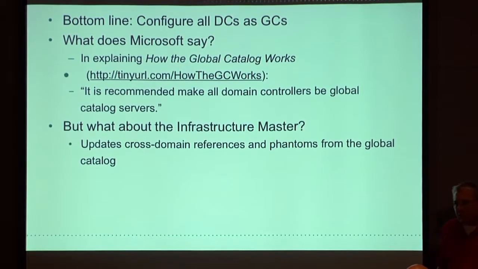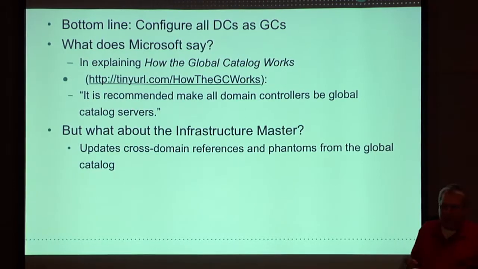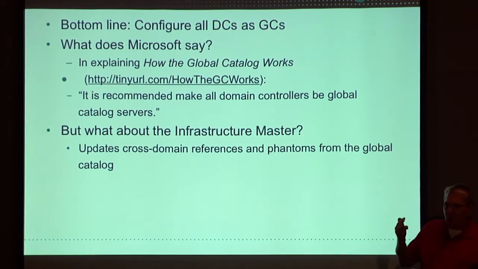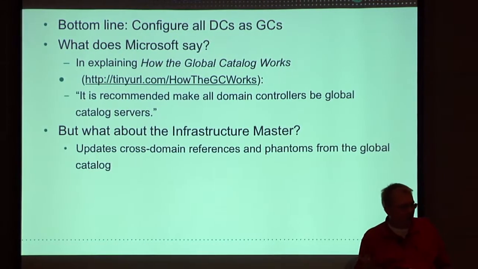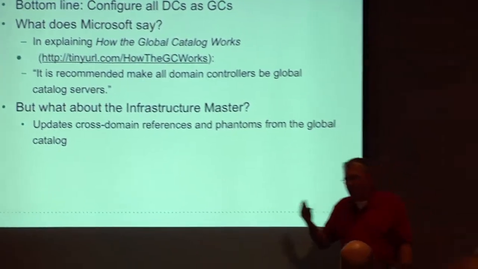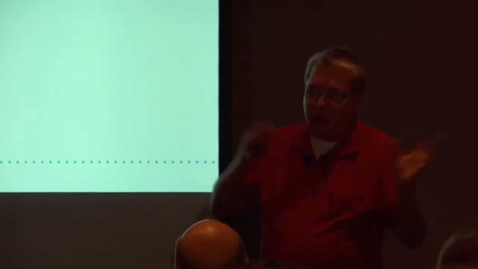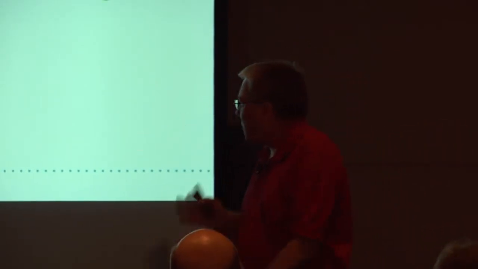So you can make your infrastructure master a global catalog server. If we're in a multi-domain environment, if we make every domain controller a global catalog server, there we go, infrastructure master has absolutely nothing to do, which is a good thing, because we don't want it keeping track of all the stuff from everywhere. So it's a good thing.